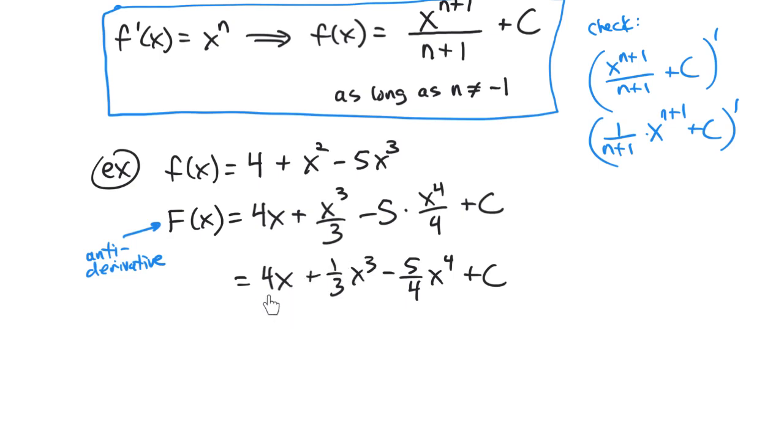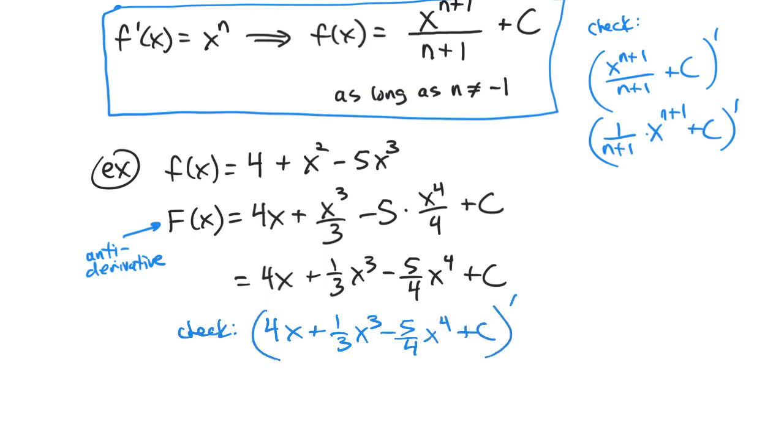So to check, we just take the derivative. If I wanted to check this, I would say 4x plus 1/3 x cubed minus 5/4 x to the 4th plus c. Take the derivative. That would be 4 plus. Now I'm doing the usual power rule. The 3 comes down. 3 times 1/3 is just 1. X squared.